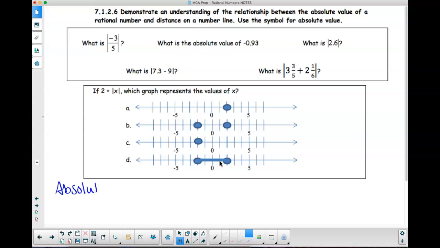If you need to write this down somewhere. Absolute value is the distance a number is from 0.